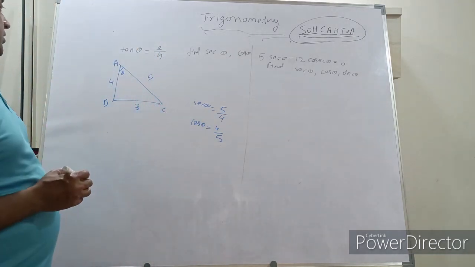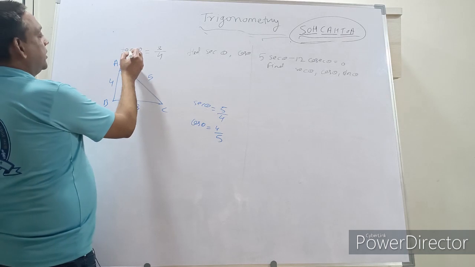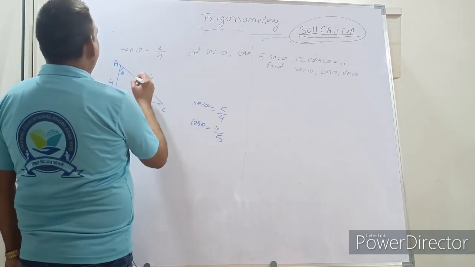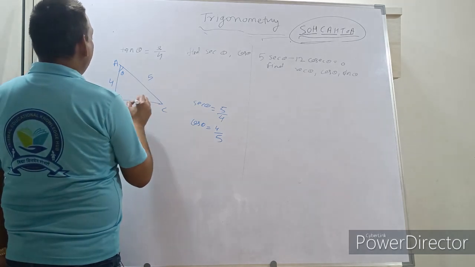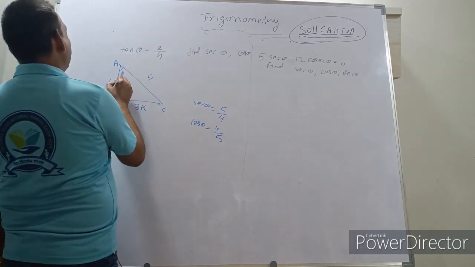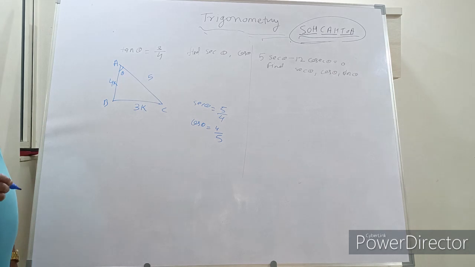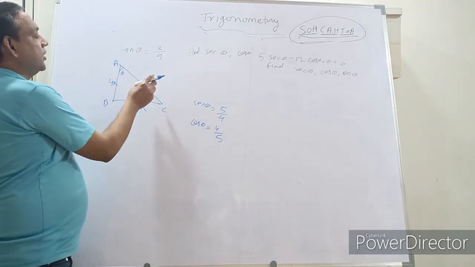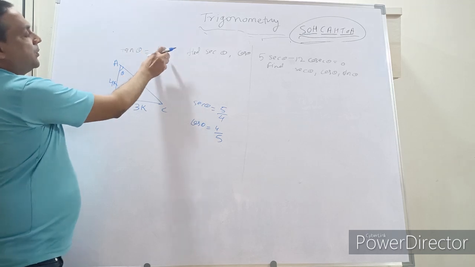Here only one thing: sometimes they say tan theta is 3 upon 4, then they take the values as 3k and 4k. Some schools keep it not as just 3 and 4, but as a multiple of 3 and a multiple of 4.